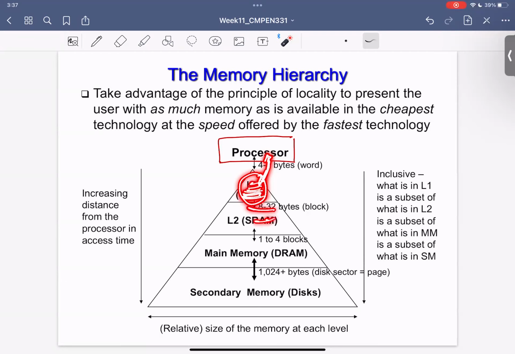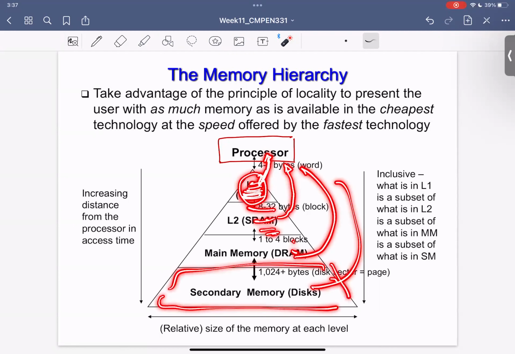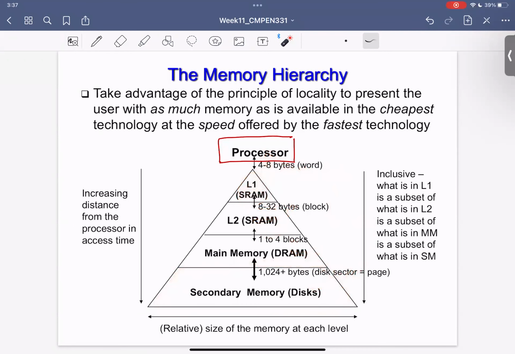With this one, I have a higher amount of data, but the access time will be a bit higher. The same here and the same here, and so on. Here is very large data, but the access time is unfortunately very slow. So the furthest from the processor has the highest access time and also the larger size.